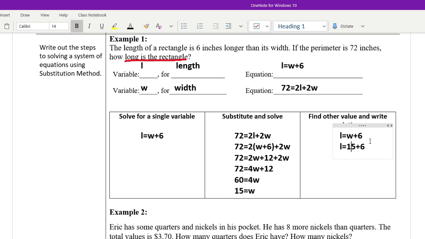One day I'll go and look into the automatic rules and change that so I stop having to go back and lowercase my variables. Last step, combine our like terms. 15 and 6 combined will give us length equals 21.